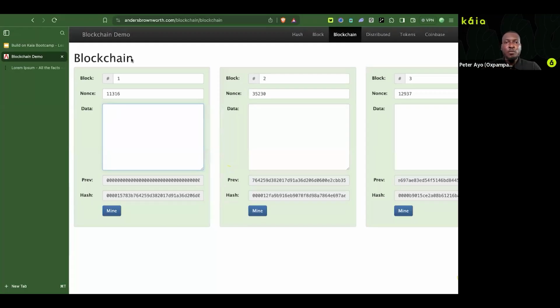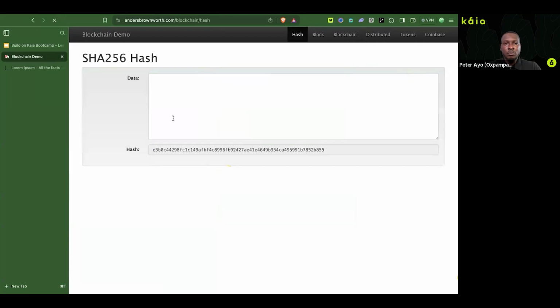If we go back to hash, as you can see, none of the entries that I've been writing generates the first 4 zeros, right? If I keep typing on and on, none of these generates a hash with the 4 leading zeros.